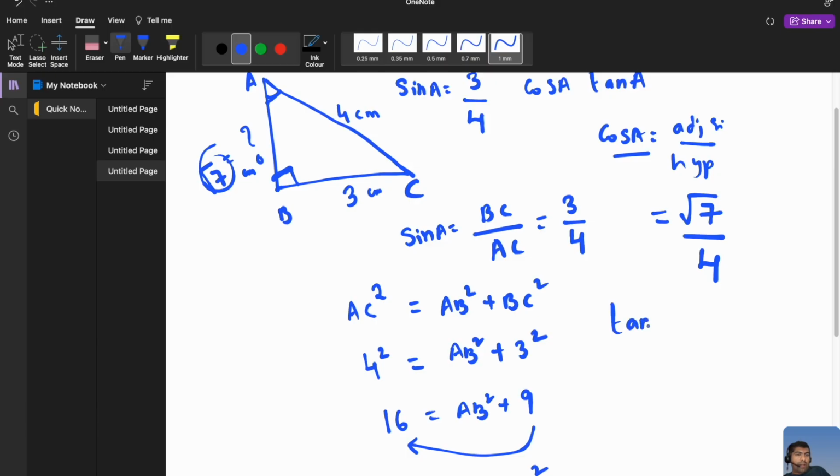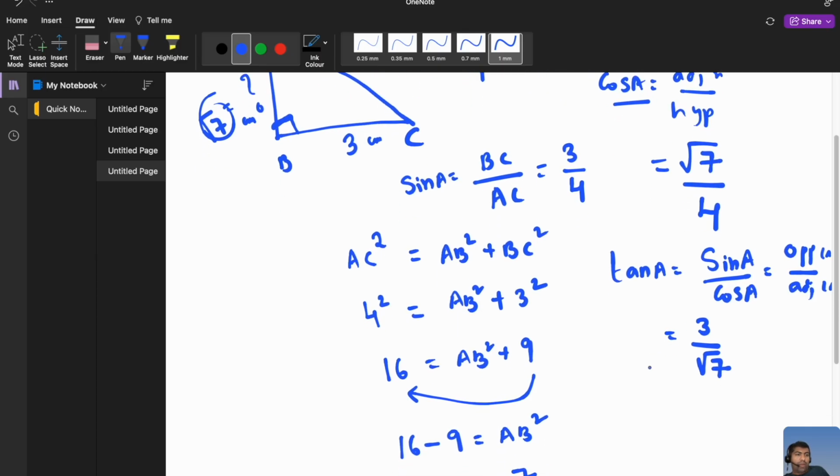What is tan A? Tan A we can directly say is either sine A divided by cos A, or you can also say opposite side of angle A to adjacent side of angle A. So we can solve in either way. Opposite side of angle A is 3. Adjacent side of angle A is root 7.